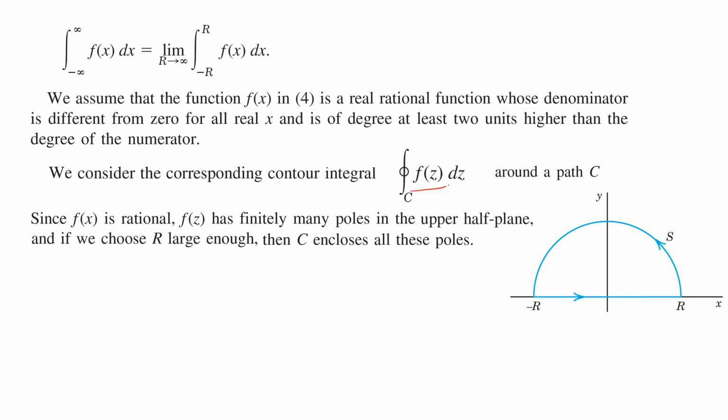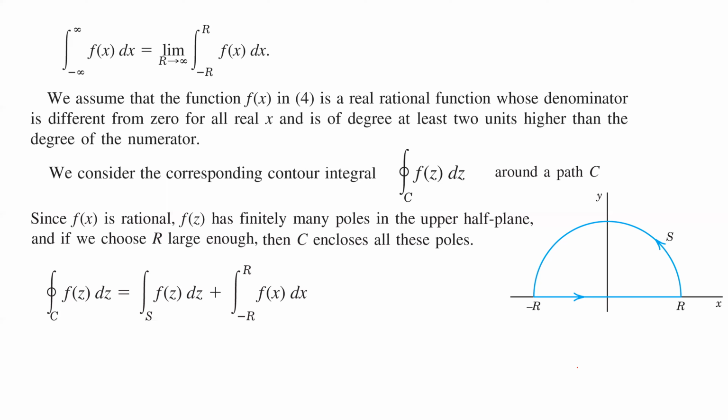It is not an infinite, it's not a transcendental function. So if we choose r large enough, then C encloses all the poles, and the integral of f of z dz over C equals the integral of f of z dz over S plus the integral from negative r to r of f of x dx.